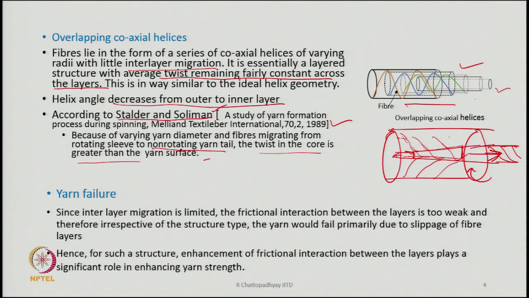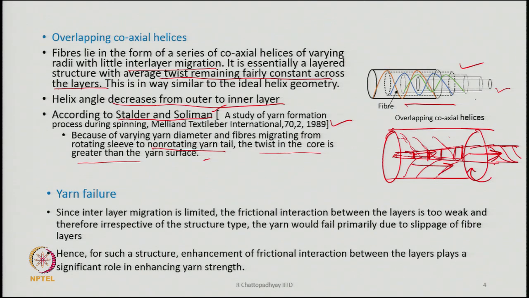See, this fiber will gradually move. So, at different points of time it is wrapped here, then this part is coming over here, then this part is coming over here, because it is continuously moving. Therefore, the yarn tail is tapered.